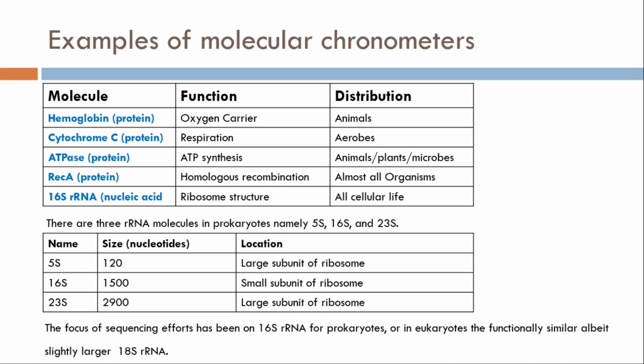There are 3 rRNA molecules in prokaryotes, namely 5S rRNA, 16S, and 23S. For microbial identification, for microbial diversity study, or for microbial phylogenetic analysis, we take 16S rRNA for the study.